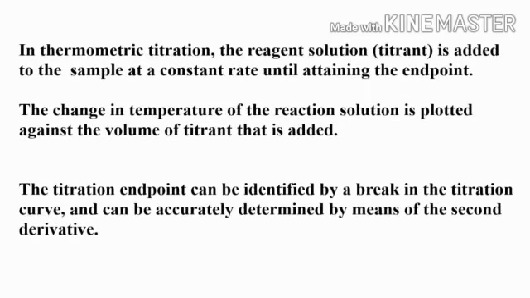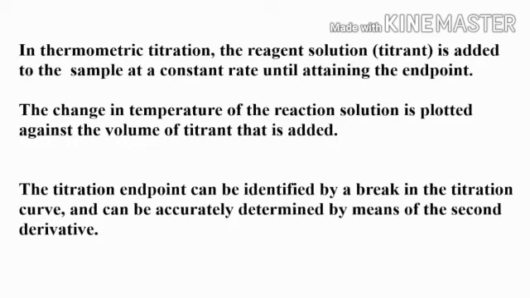In this titration, the titrant is added at a known constant rate into the analyte until the completion of the reaction is indicated by a change in temperature. Thermometric titration is also defined as titration in an adiabatic system, which gives a plot of temperature versus volume of titrant added.